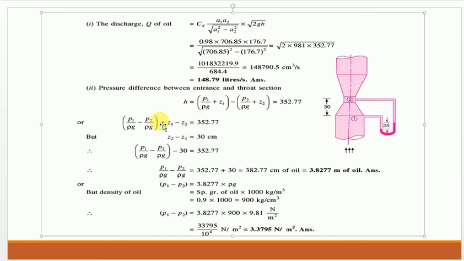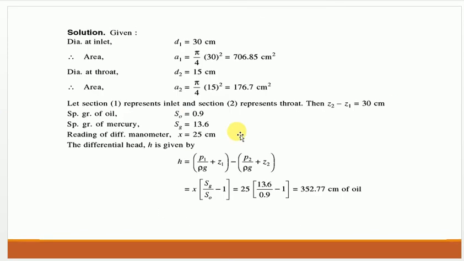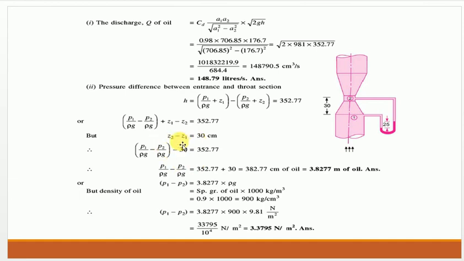We already know that Z2 minus Z1 is equal to 30 centimeters, so Z1 minus Z2 is minus 30. Taking it to the other side, plus 30, P1 by rho g minus P2 by rho g will be equal to 382.77 centimeters of oil.